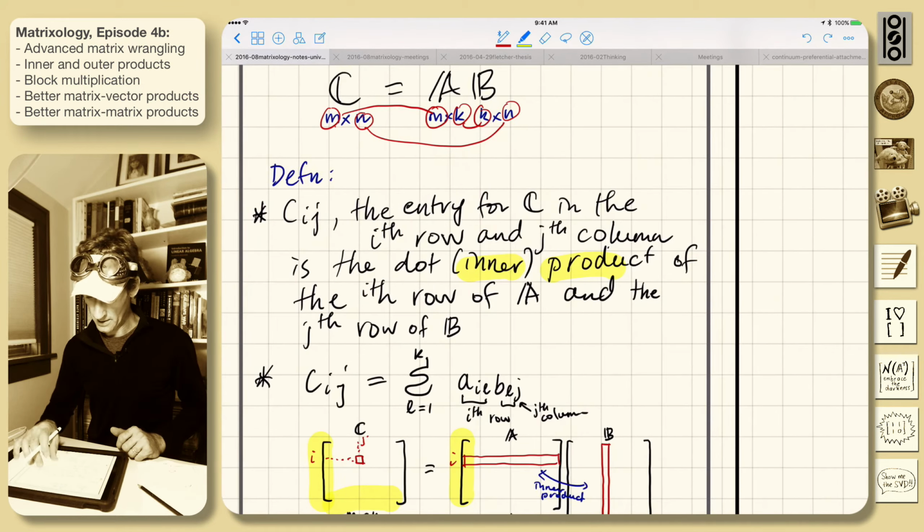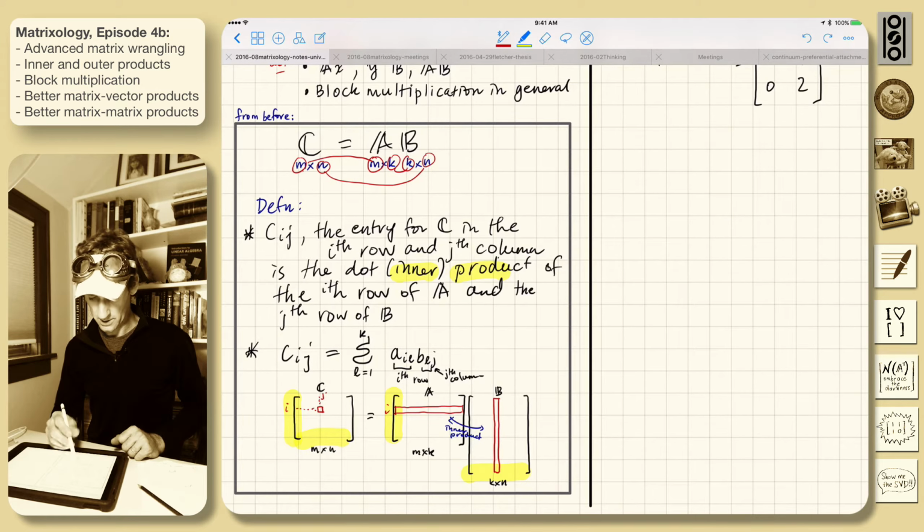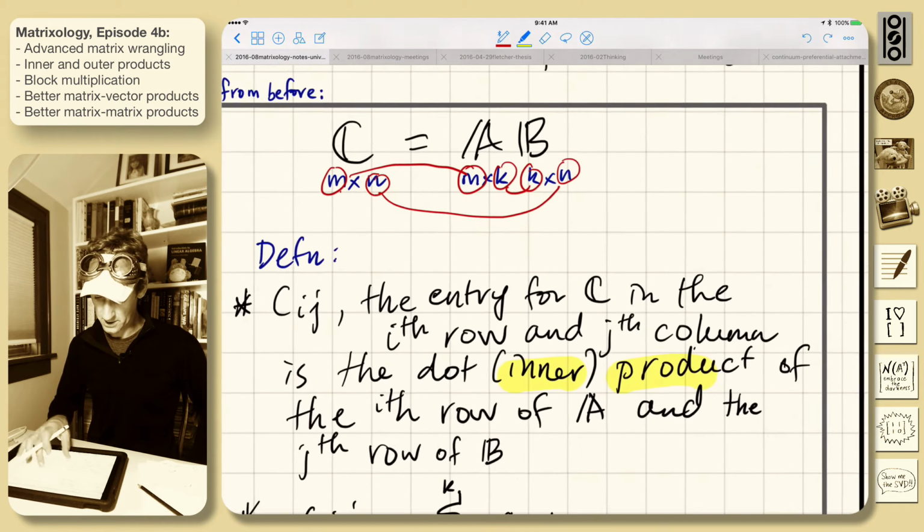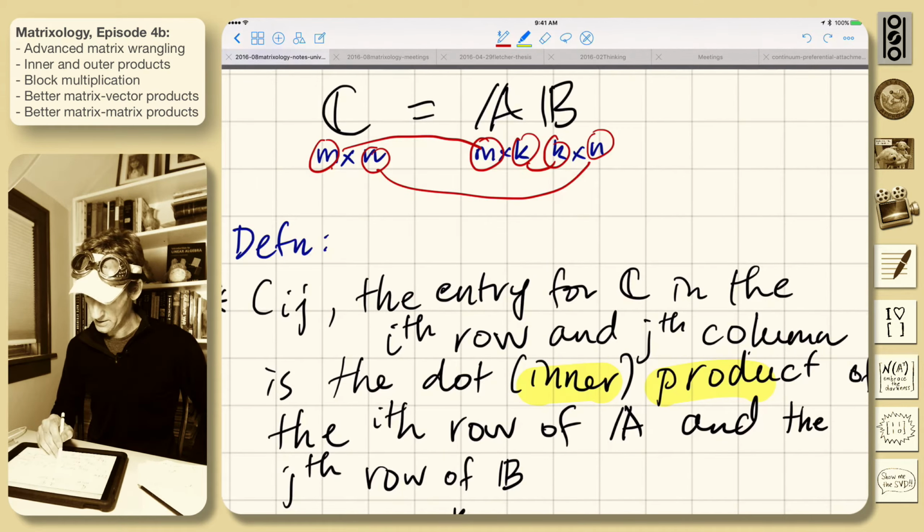So this is from before, because I can copy and paste things. Our definition, C equals A times B, that's okay only in this case, right? Where we can have any outer dimensions, and they go to here for C, but we need to have the inner dimensions match. So it's rows, columns, right?